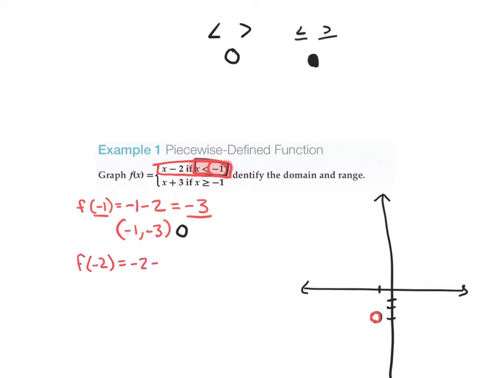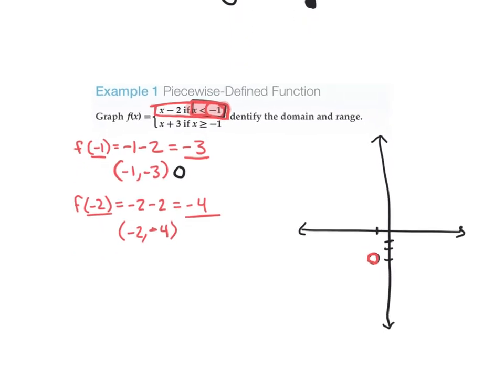So negative 2 minus 2 is what? Negative 4. So what would our point here be? Negative 2, negative 4. Remember, we get our x and our y.